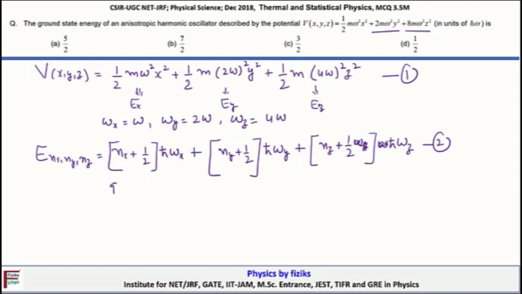So for the ground state, energy is obtained by substituting nx equal to 0, ny equal to 0, and nz equal to 0.